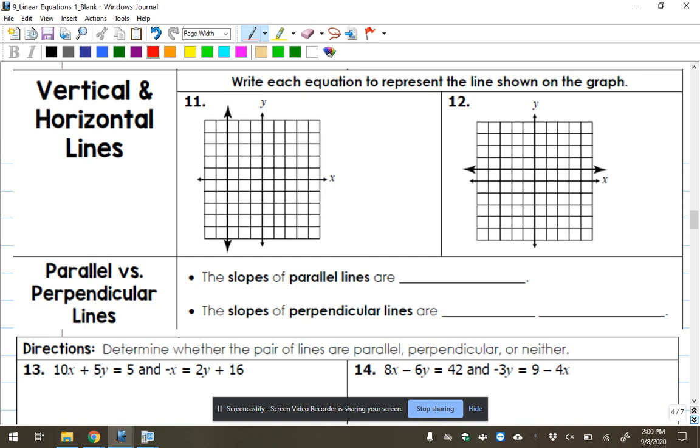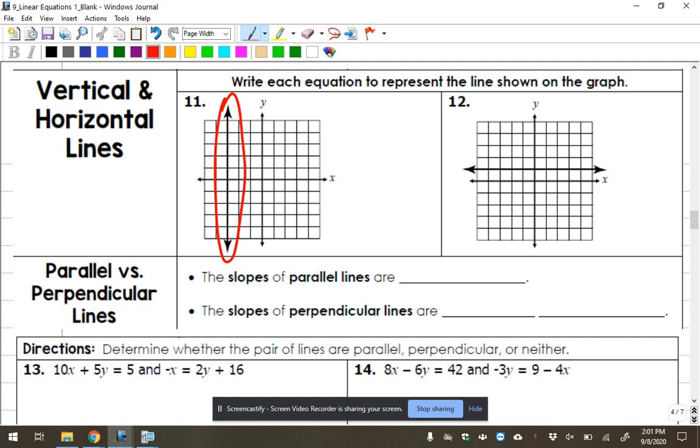All right. Vertical and horizontal lines. So the equation of the vertical line on number 11, that's this line right here. When it's in black and white like that, it's hard to tell which one they're talking about is the line.